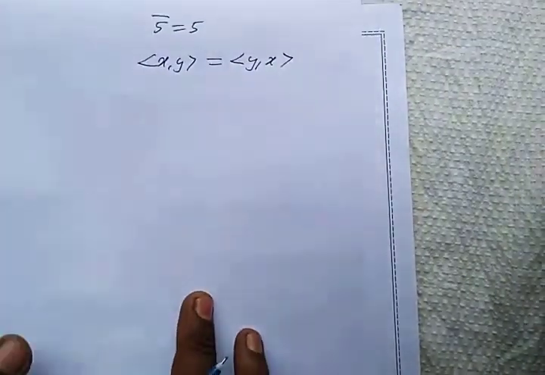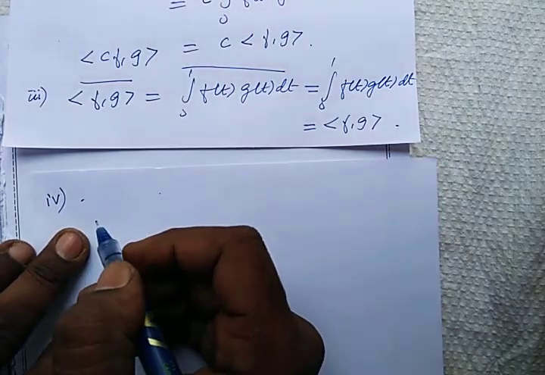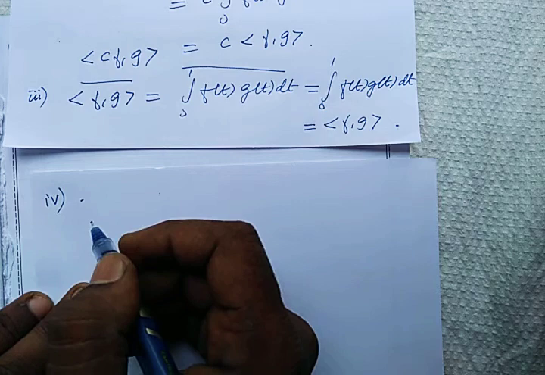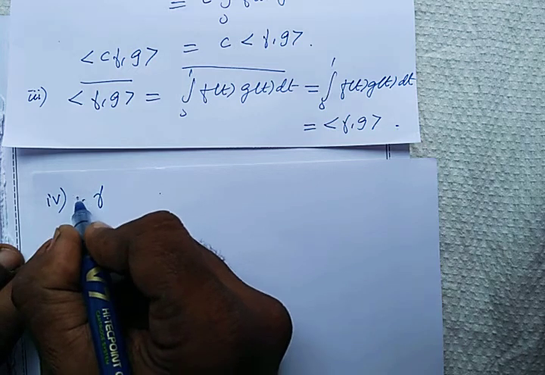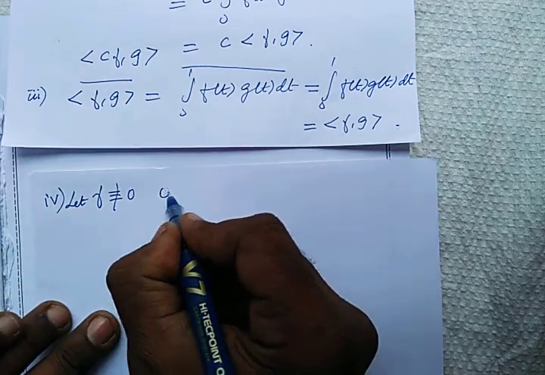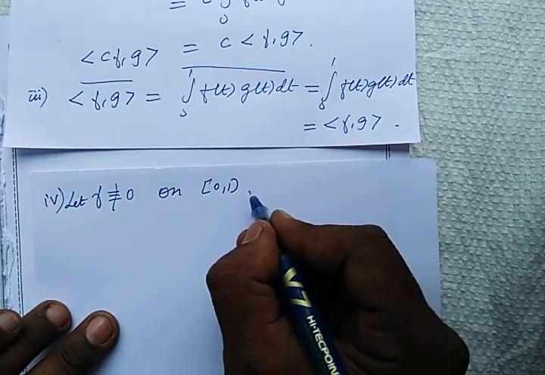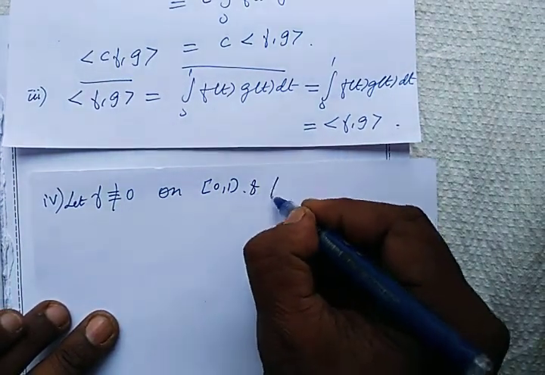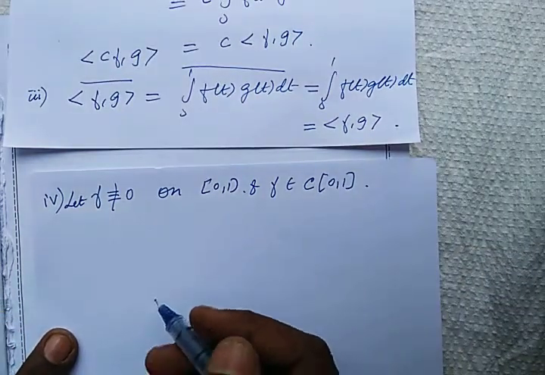Now we have to see the fourth condition. The fourth condition here is somewhat non-trivial. Let us try to conclude somehow. Let f be a non-zero continuous function on the closed interval [0, 1], belonging to this space.